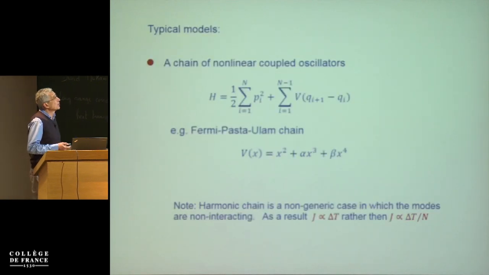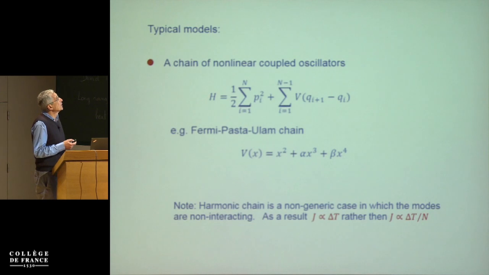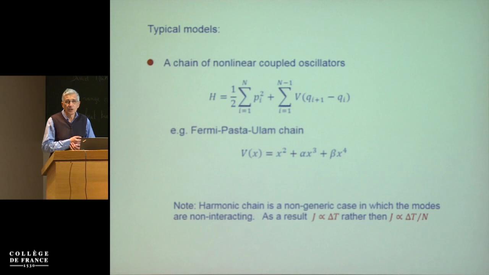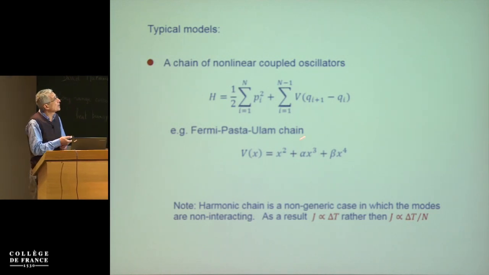Now, typical models that one studies, one can think of the following. One can think of, for example, a nonlinear coupled chain of oscillators, where you have a Hamiltonian in one dimension. You have some interparticle potential, nearest neighbor, which is a function of q_i minus q_{i+1}, and you have a Hamiltonian like that.